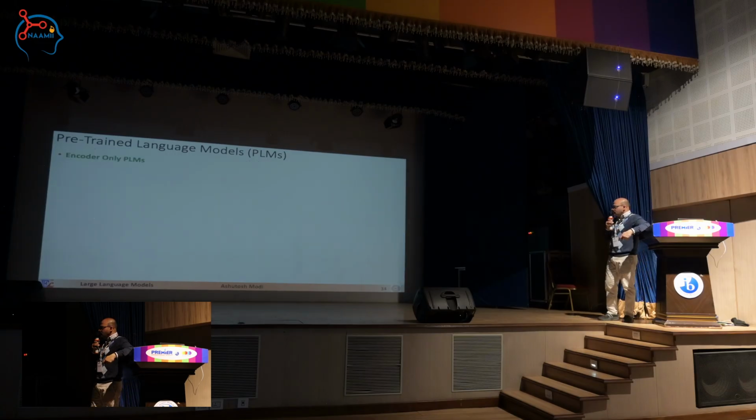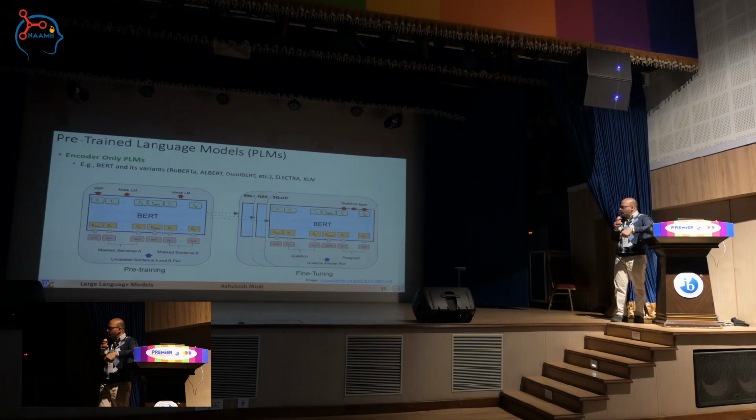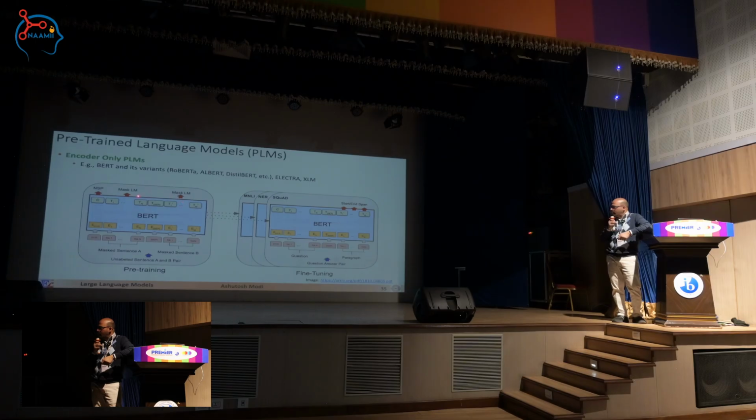And then, okay, one more thing to note here is that different types of pre-trained language models were proposed. One was encoder only, where if you remember the transformer architecture, you only use an encoder along with the masked language modeling objective. And then you learn the representation and obviously the parameters of the model.